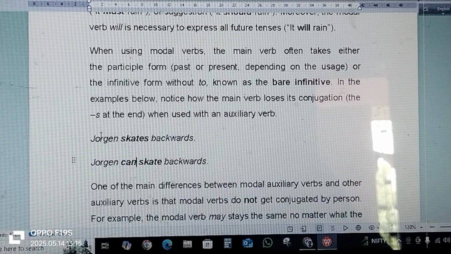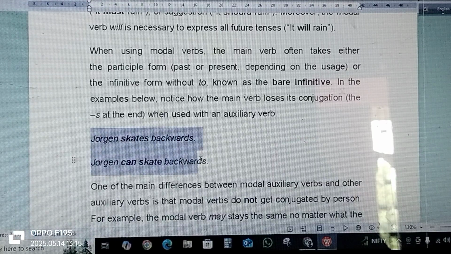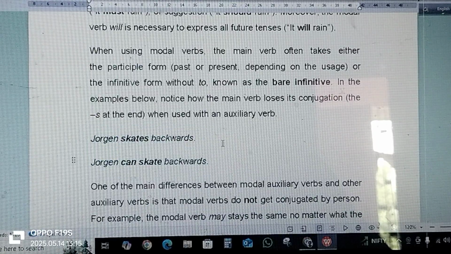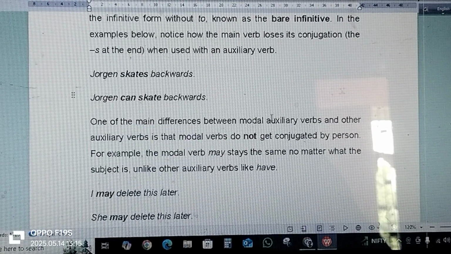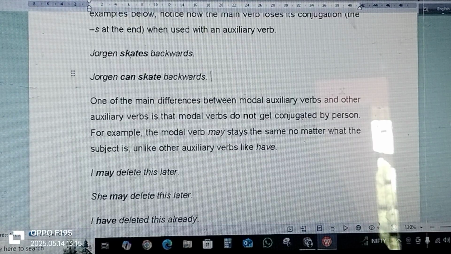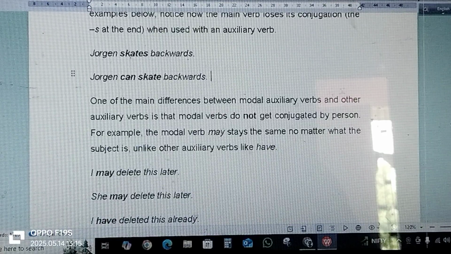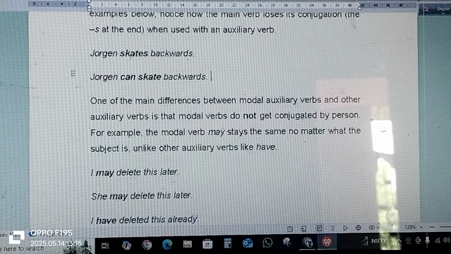In this way, we can change a simple present tense sentence using modal auxiliary verbs. One of the main differences between modal auxiliary verbs and other auxiliary verbs is that modal verbs do not get conjugated for any person.